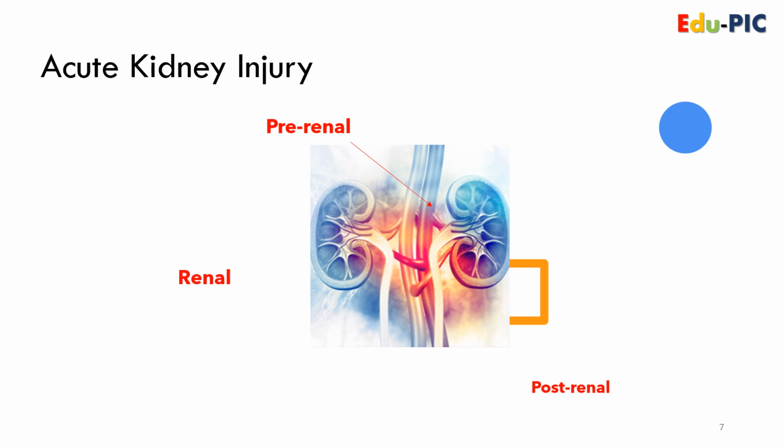So if your patient has had any kind of hemorrhage significant enough to affect the blood supply going forward, or if it's a patient who's been severely dehydrated, or a patient with low cardiac output, a patient who's coming as a burn victim, losing a lot of insensible water loss, any reason that would affect the blood supply going forward, including possibly obstructions like renal artery stenosis, that would be a pre-renal cause.